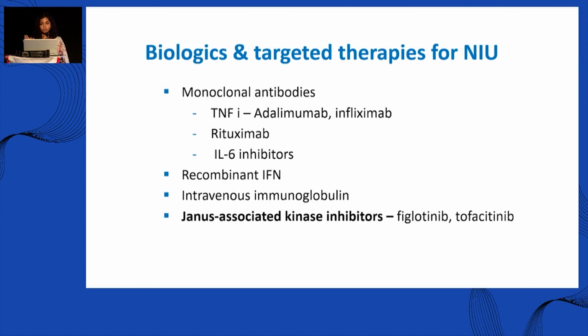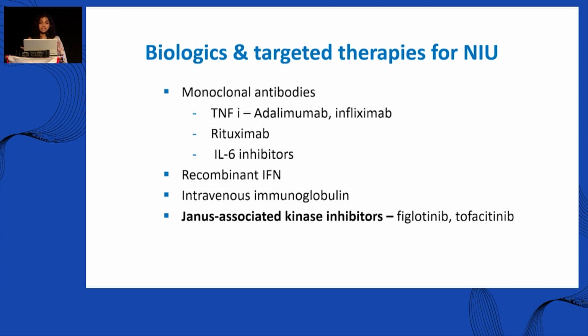So when we look at biologicals that have been used for non-infective uveitis, we have the monoclonal antibodies, and the main ones that are being used are the TNF inhibitors. Then we have others like anti-CD20 antibodies, rituximab, IL-6 inhibitors, tocilizumab, and a lot of the others that we use for psoriasis, like secukinumab and ustekinumab. And then recombinant interferons, interferon alpha and beta, have also been used.